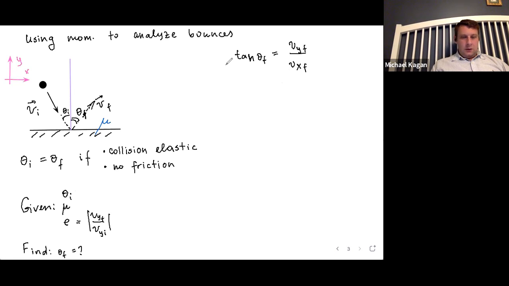Actually, that's the other way around, because the angle is with respect to the normal. So Vx final over Vy final. In any case, we need to somehow understand what these V's are, how they come about.